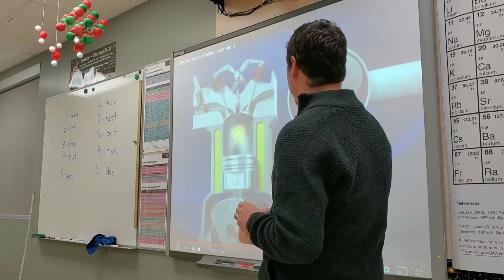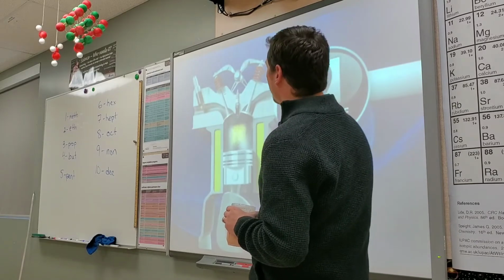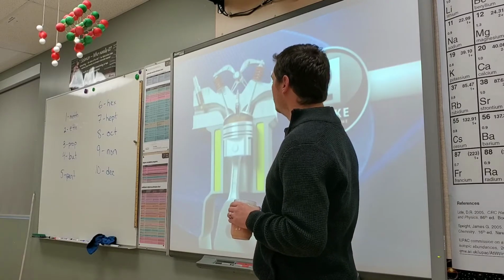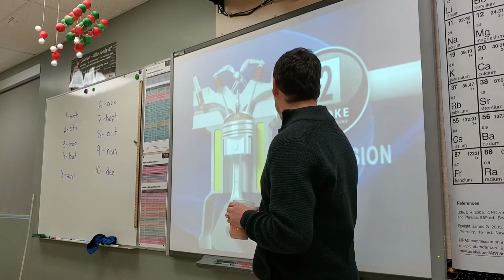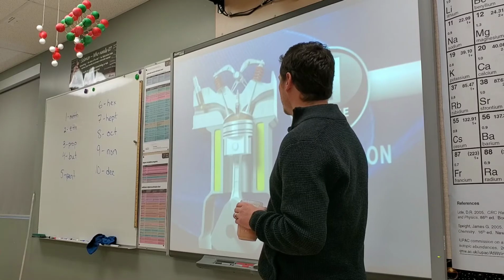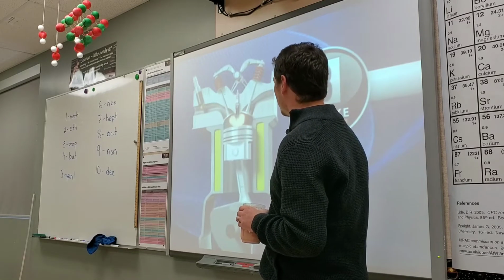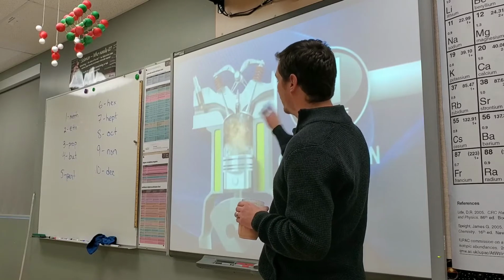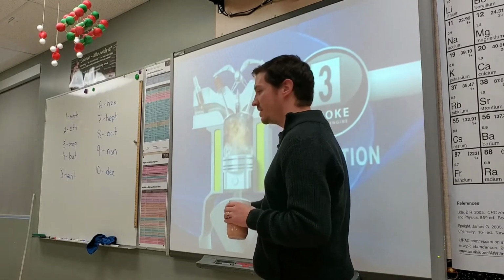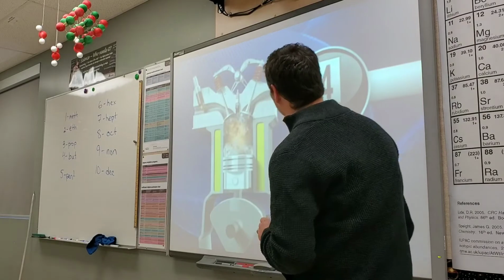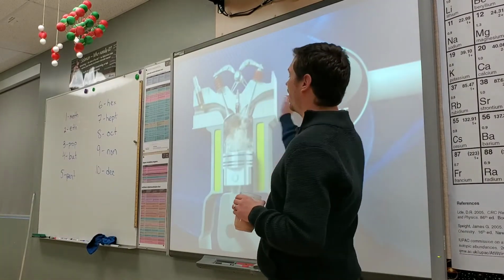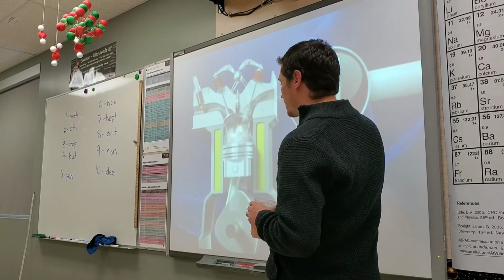So in the first stroke, we put in some fuel and compress it. And then it goes boom. We inject some fuel, it goes boom, so it pushes the piston down, which turns the crankshaft. And then we push out the exhaust.